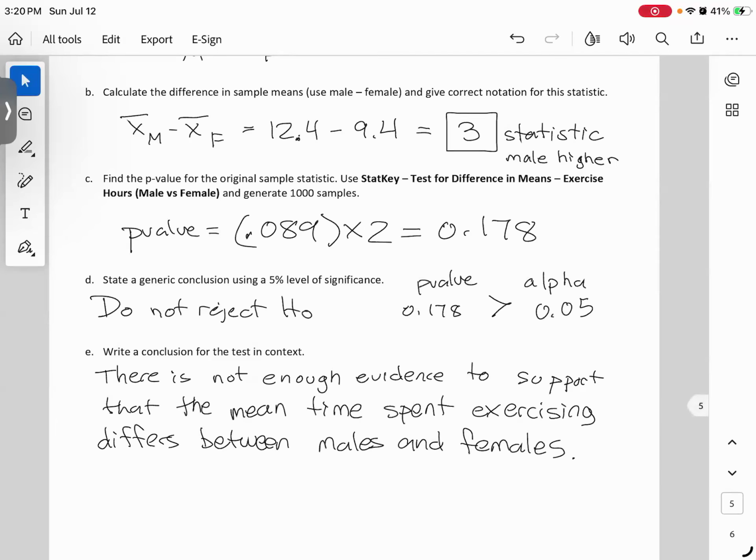So, in other words, if they were to redo this study, there's a pretty good chance that it could completely flip, that males don't come out on top again, that maybe females end up showing that they exercise more or that they're the same.